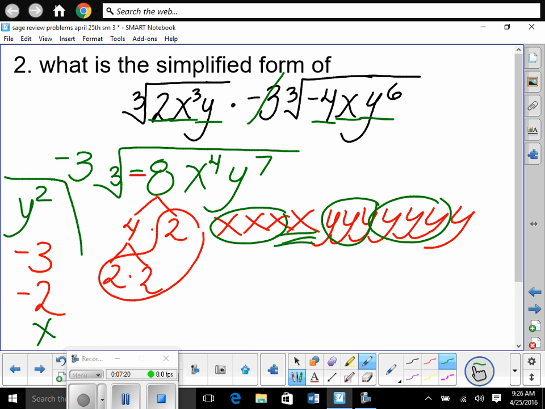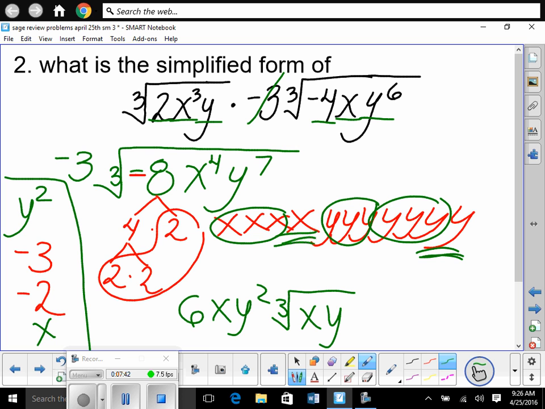So I'm going to just put this because I have it all on the outside. Then left underneath was a y and an x. Anything on the outside we multiply together. So isn't that going to be positive 6? Yep. And then we have an x and a y squared on the outside. Left underneath, don't write square root, it's a cube root of x and y.